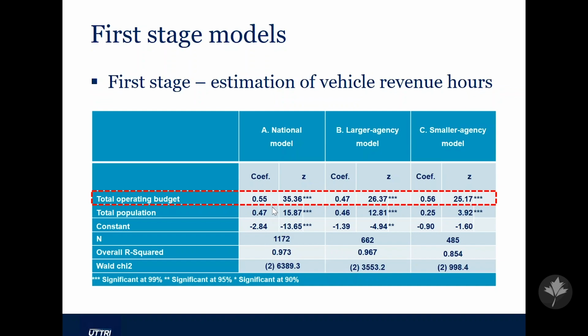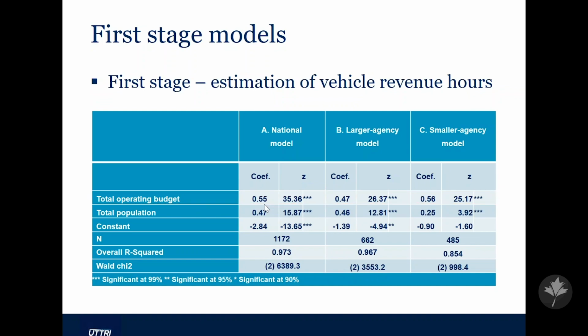Because we are using the logarithm form, the interpretation is that a 10% increase in operating budget would result in a 5.5% increase in ridership, and a 10% increase in total population would result in a 4.7% increase in ridership.